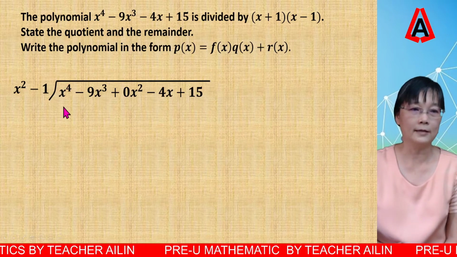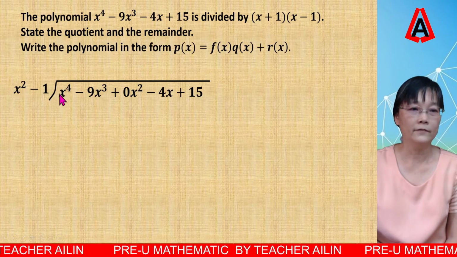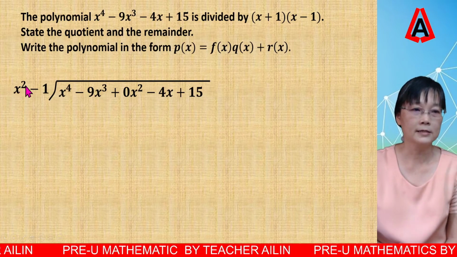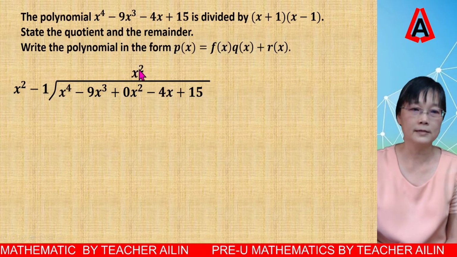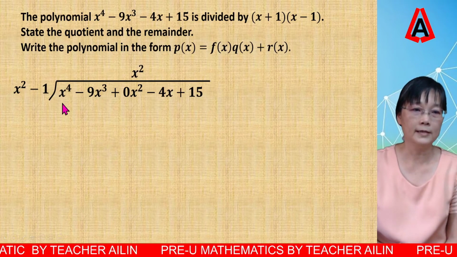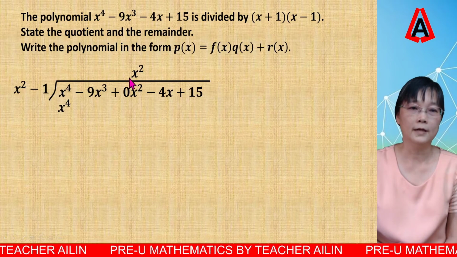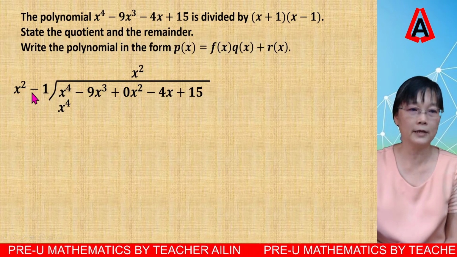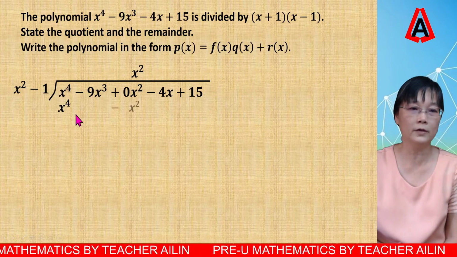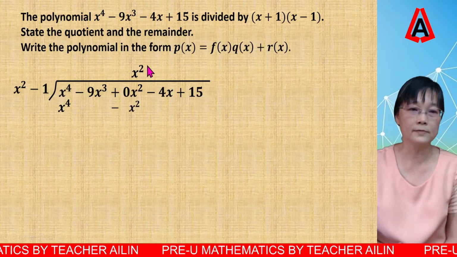So now we start. First, we take the first term, x power 2. We know that x power 2 times x power 2, we get x power 4. Then using this x power 2, we continue: x power 2 times negative 1, we will get negative x power 2.